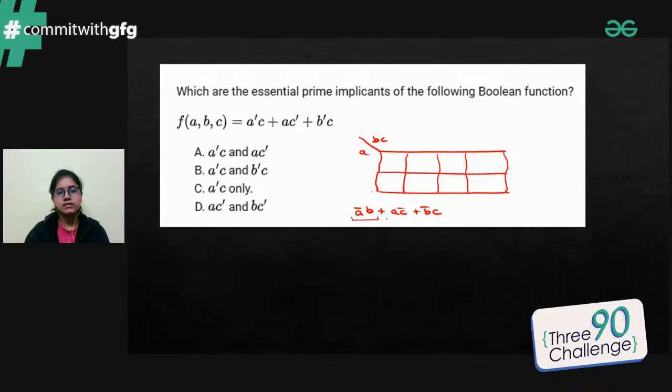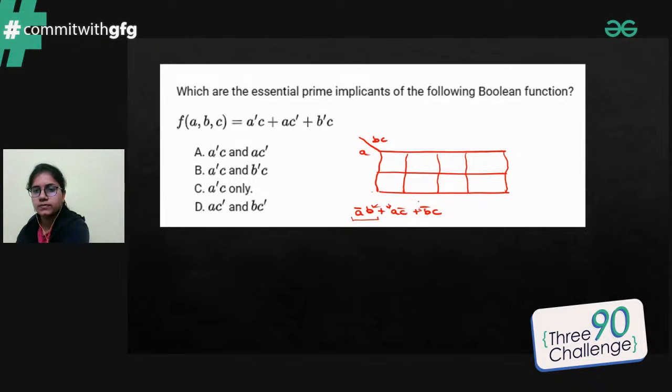Is this equation present in its canonical form? No, it is not. Why? Because you can see here C is missing, here B is missing, and here A is missing. So first we have to make this into its canonical form.